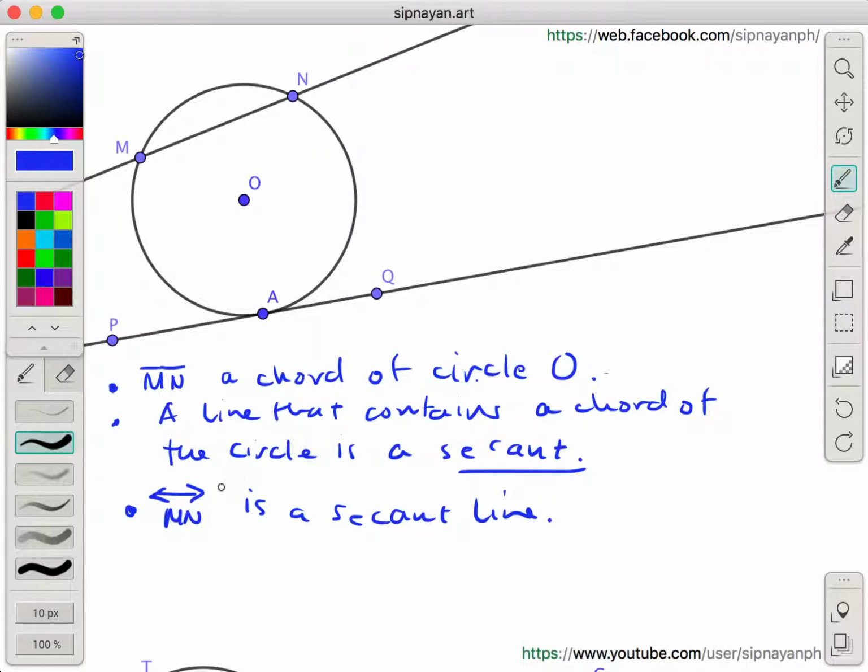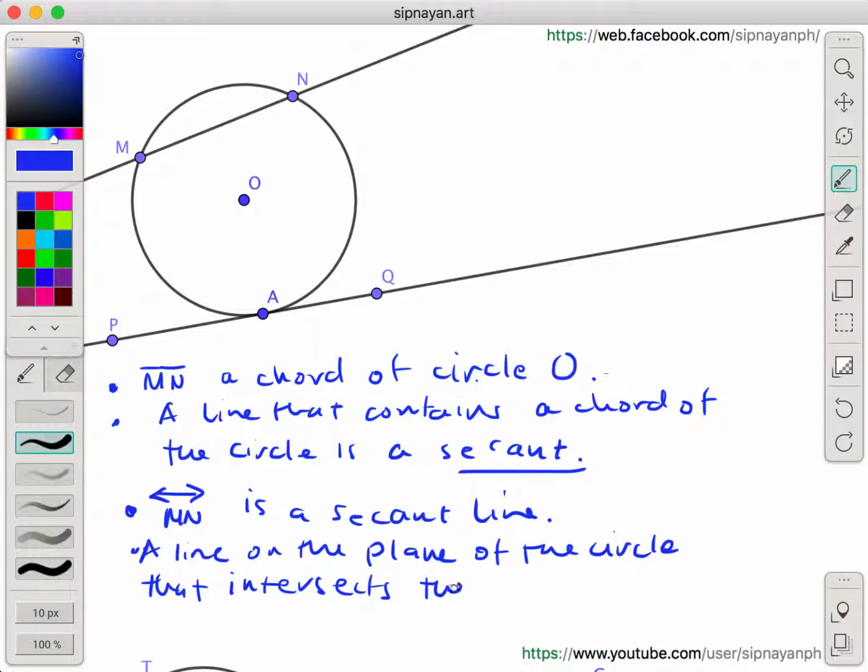A line in the plane of the circle that intersects the circle at exactly one point is a tangent to the circle.